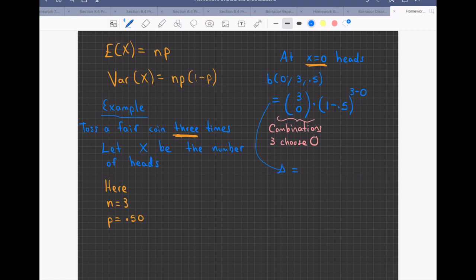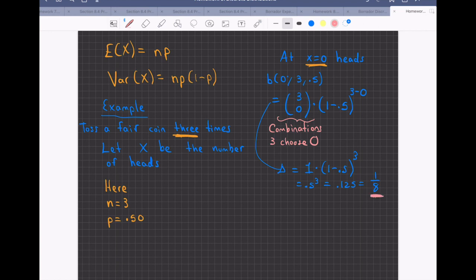So this is equal to, if you can use your calculator to compute that, 1 times 1 minus 0.5 raised to the 3, or what is the same, 0.5 raised to the 3, and this is only 0.125. Or what is the same in fractions, 1 over 8.